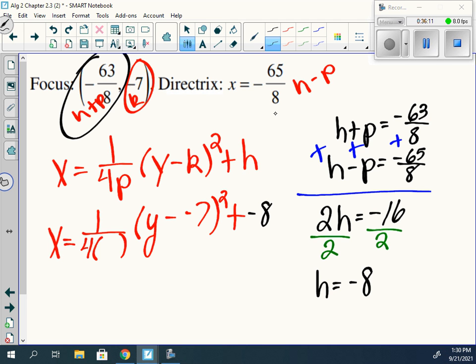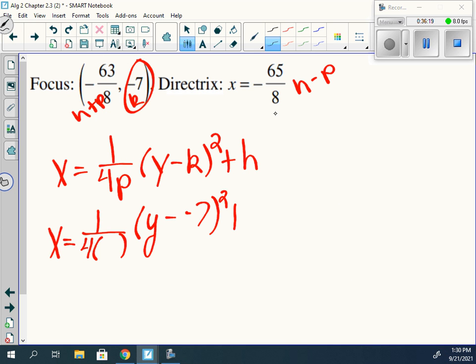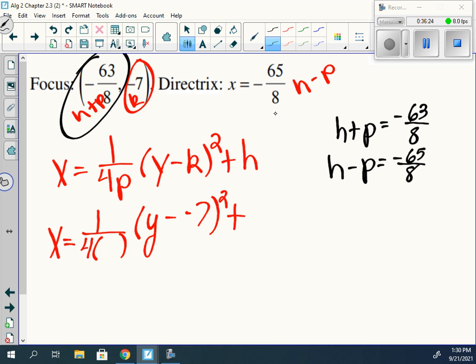Now, what's the only thing we're missing? P. So I'm going to put the negative 8 back up there. Now we found out h is negative 8.